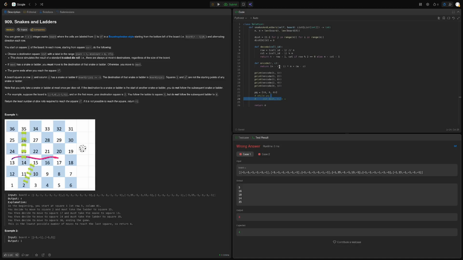So n minus row, that's 0. C plus 1 if r percentage 2 is 0, else this.